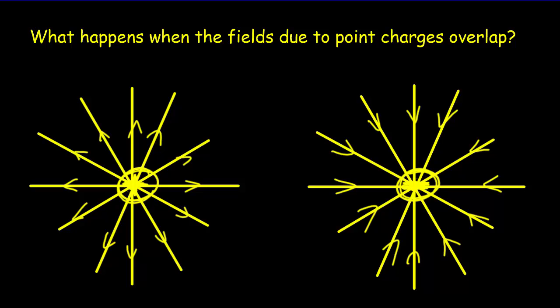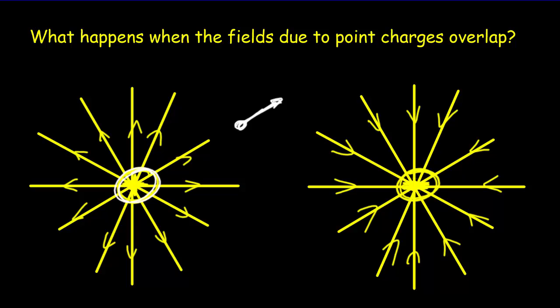Now, if we pick out a point, let's say right about here, we would have a repulsive force from this positive charge which would push in this direction. Something like that. That's supposed to be a vector representation of the field at that point.